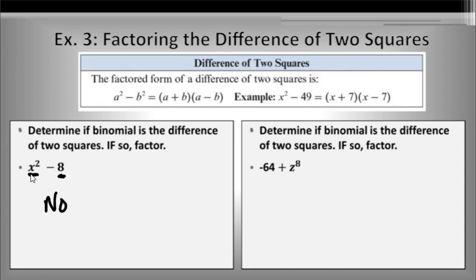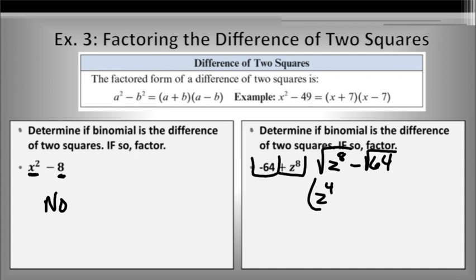This next one, anytime you have your variable at the end, I would rewrite this to be z to the 8th minus 64, because that's really what this is saying. If I rearrange the terms, positive z to the 8th minus 64, the square root of z to the 8th is z to the 4th.